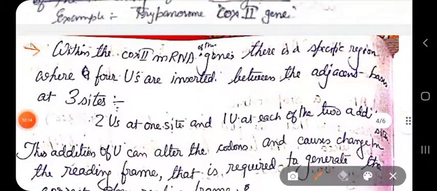So let us try to explain this in a practical manner.